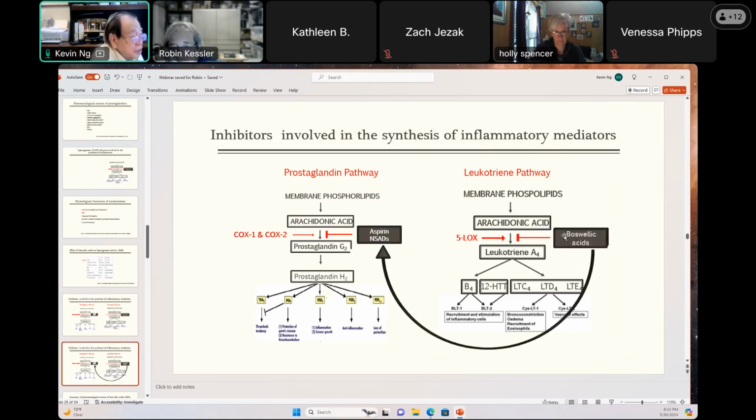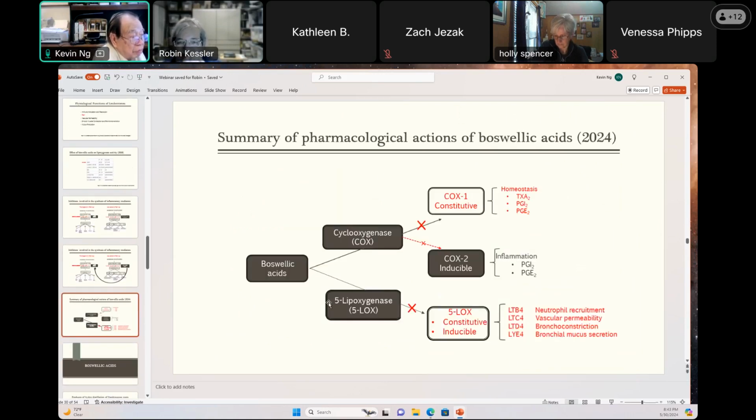The recent studies show that boswellic acid not only blocks this pathway, it also has some property to block the aspirin pathway. I said, wow, this is fantastic. This is better than any synthetic drug available in the market. I have been working on this, and I will give you some results later on. This is the summary of how boswellic acid works. It can work by the COX pathway, and it can also work by the 5-LOX pathway.